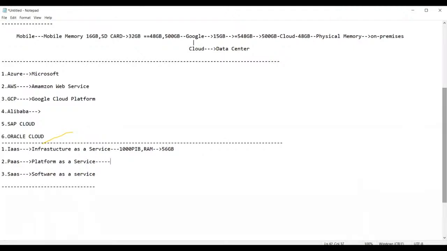Next, after this, platform as a service. Suppose, guys, what is a platform? A platform is generally a type of operating system. Now guys, we are using Android as an operating system, and Apple is using some other operating system.